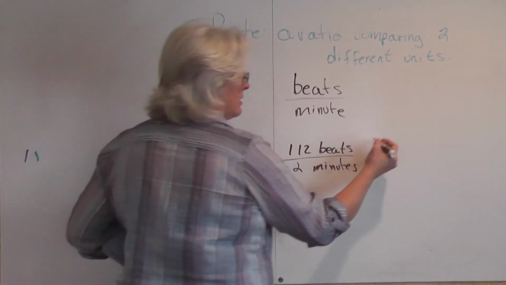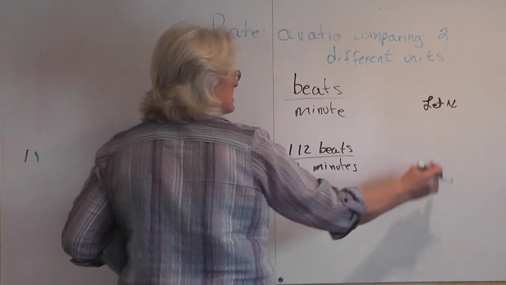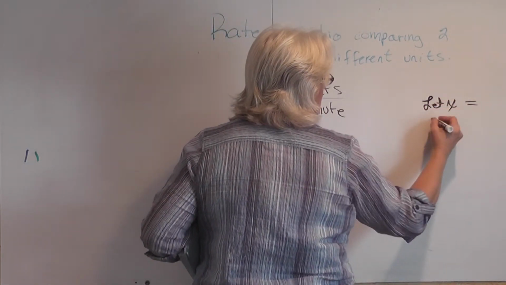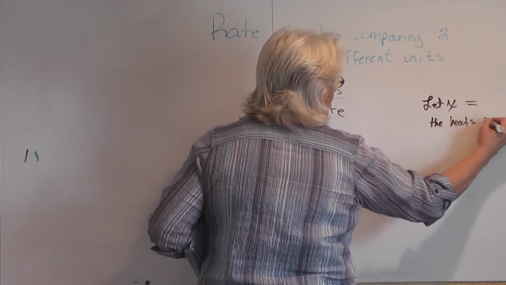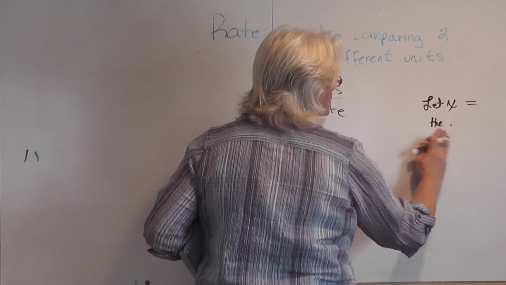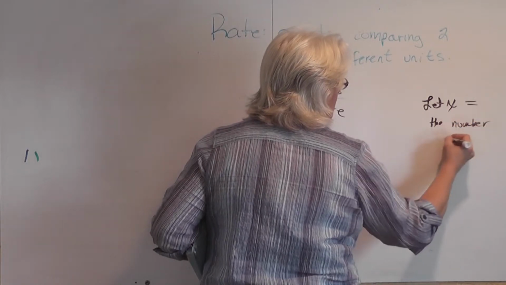So we don't know what his beats per minute is. Let x equal the number of beats of his heart.